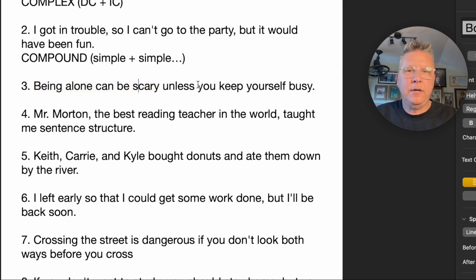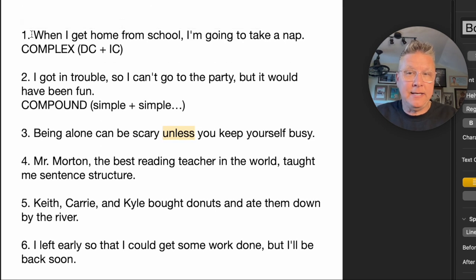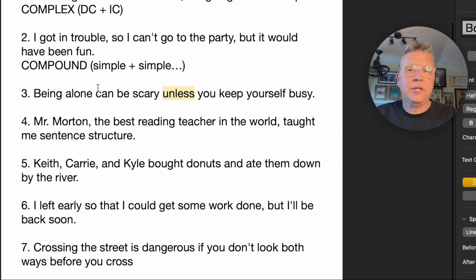Then you have you keep, subject verb, yourself busy. You keep yourself busy. That's a simple sentence as well. So what you have here is your subordinating conjunction. Except where in this case, in example number one, the subordinating conjunction was at the beginning. In this case, the subordinating conjunction is at the end.